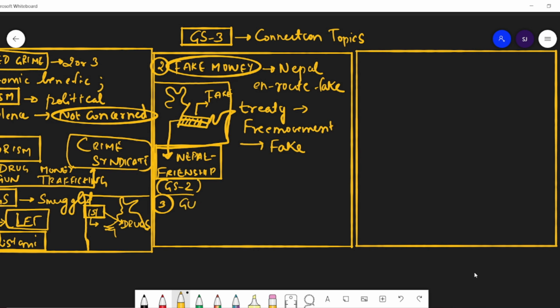Next I will talk about gun running. For this I will use another diagram, this time another area.